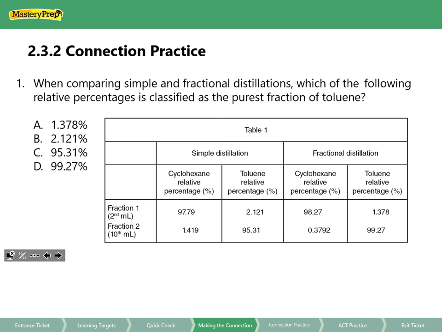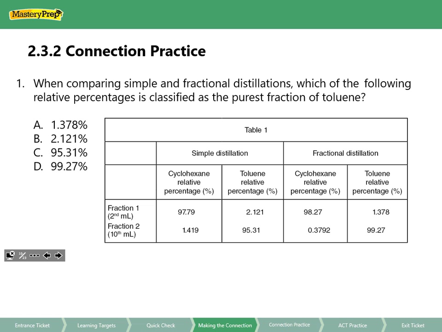So we do have our percentages here and our amounts. So we're looking at, when considering simple and fractional distillation, which of the following relative percentages is classified as the purest fraction of toluene?